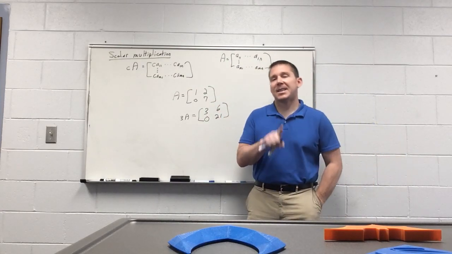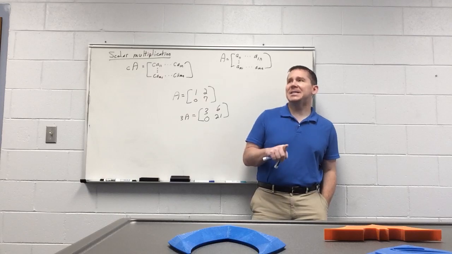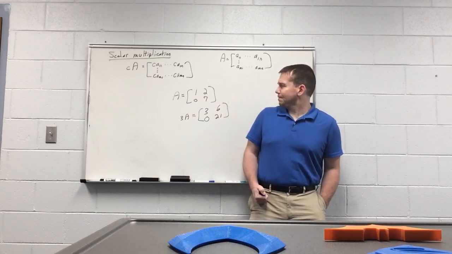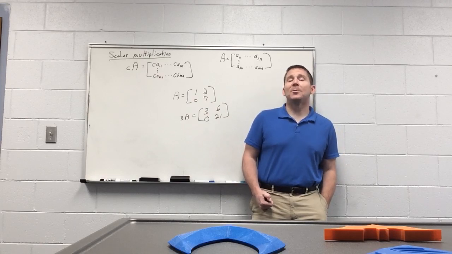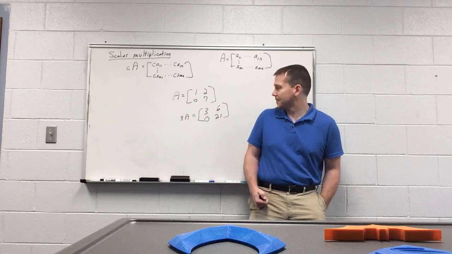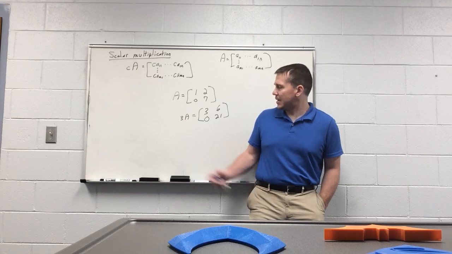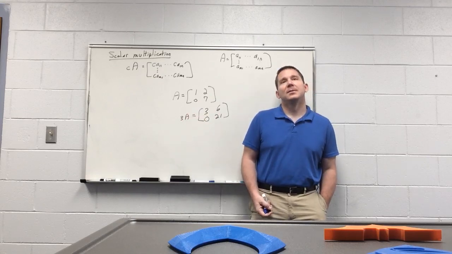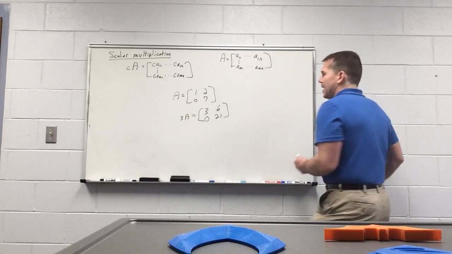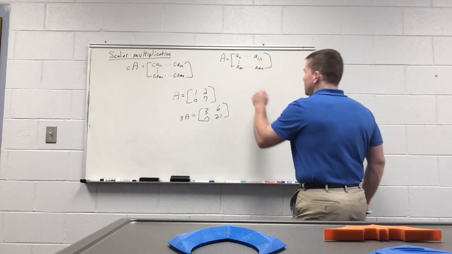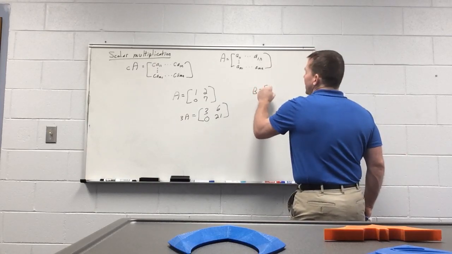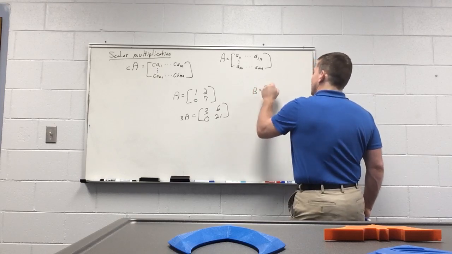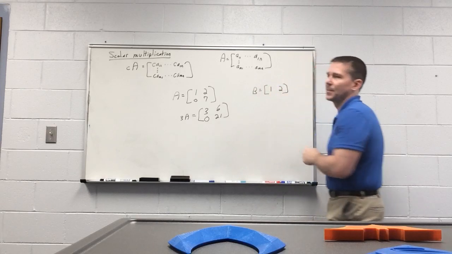And again, this multiplication is similar to the multiplication that we're used to. We actually use it with vectors when you multiply a scalar times a vector. And all you do is multiply the scalar by each component. But that makes sense because, well, suppose my matrix B was a row matrix, which would be a row vector, 1, 2.